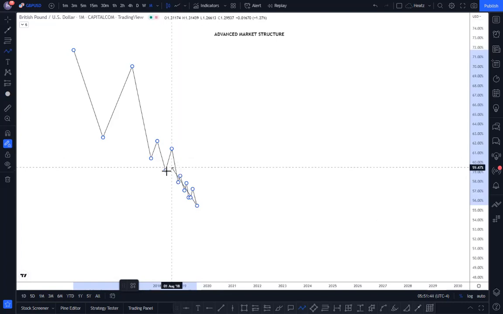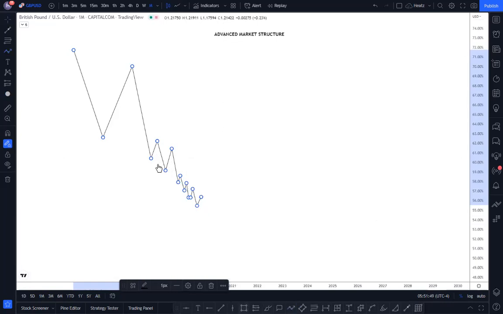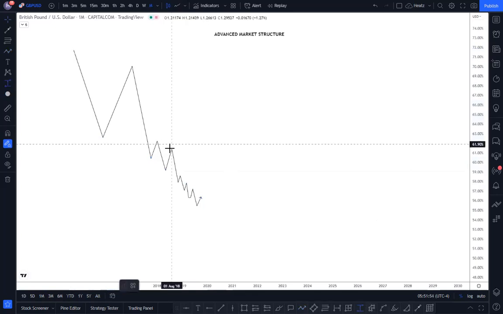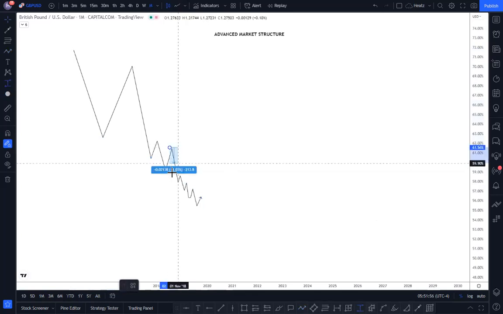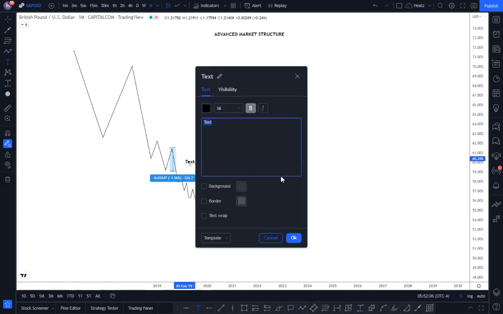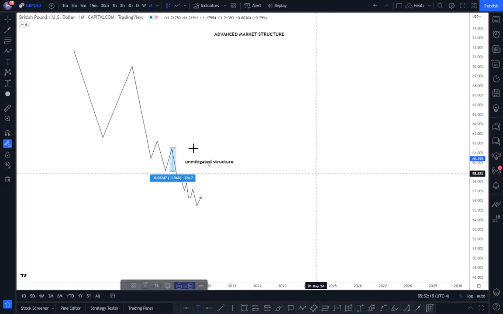It means that this range here is unmitigated. So this whole range here, from this high to this low, is unmitigated. So it's an unmitigated structure.